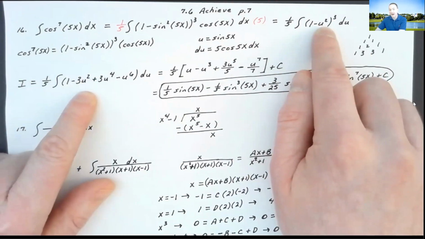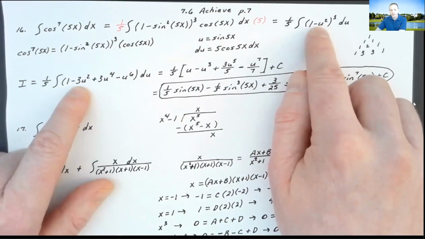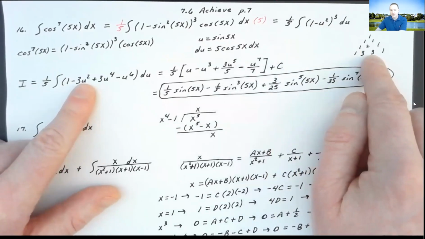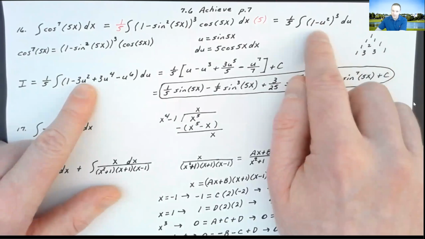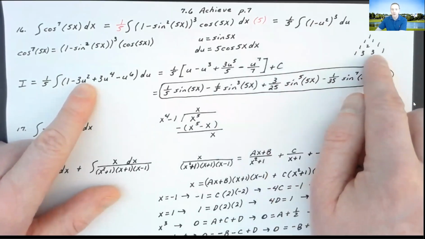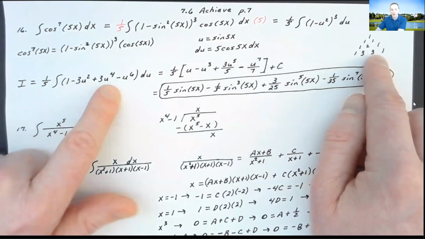That gave me, because the second term is negative, minus 3u to the 2nd. Then this is going to be the coefficient of the first term to the first and the second term squared. So I have plus 3 times 1 times negative u squared quantity squared, which gives me plus 3u to the 4th.